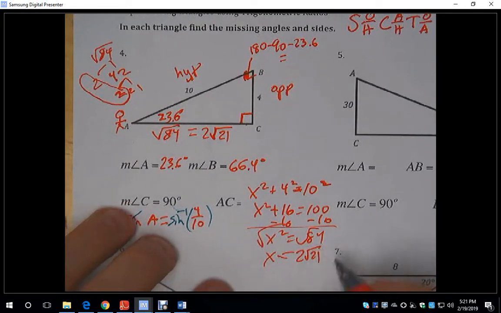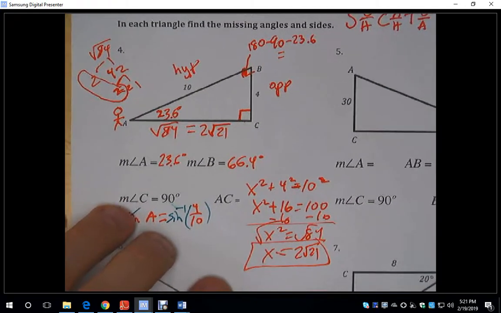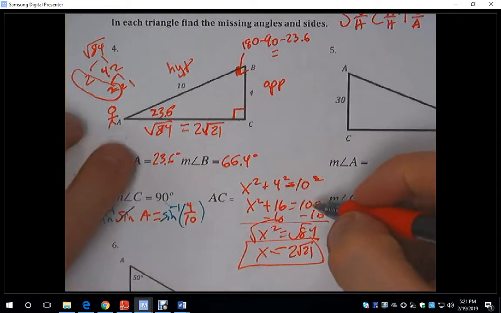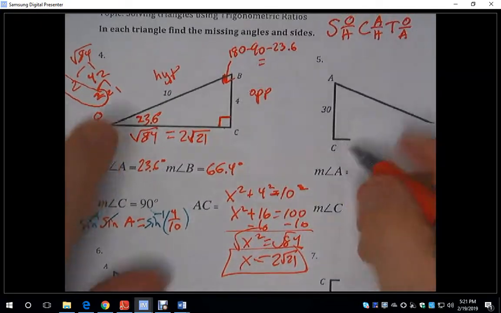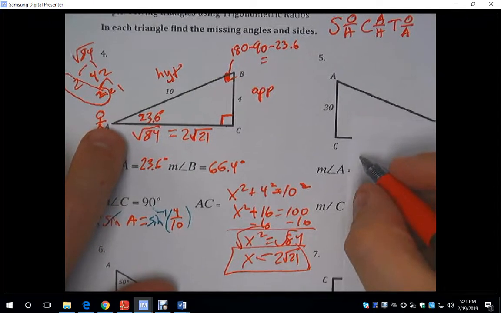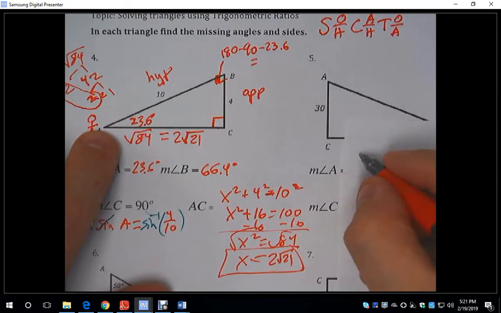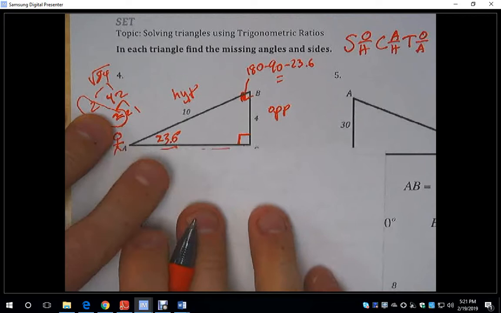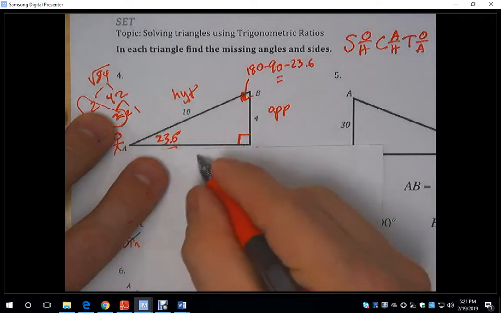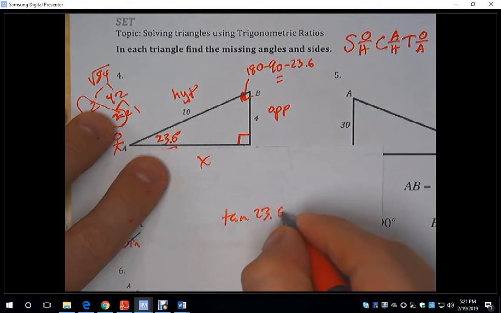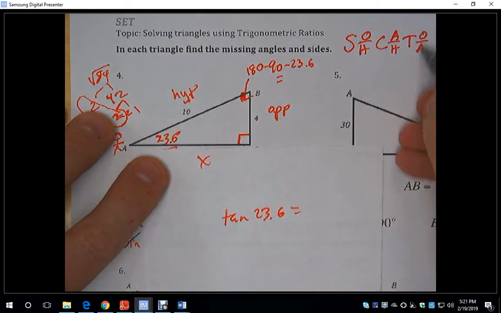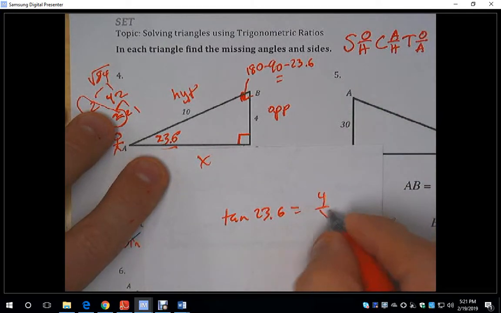Now I said that I don't have to solve using the Pythagorean theorem. I could have used trig ratios. How about tangent? If I don't know this side right here, I could use tangent of 23.6, which is opposite over adjacent, so that would be 4 over x.